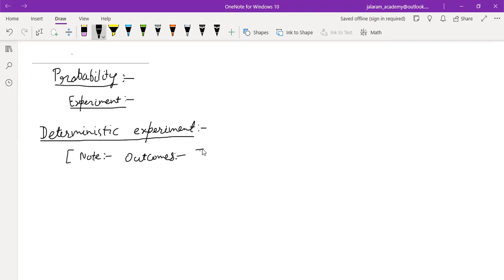Is that clear to you? Write in your notebook: the different results related to an experiment are called outcomes.